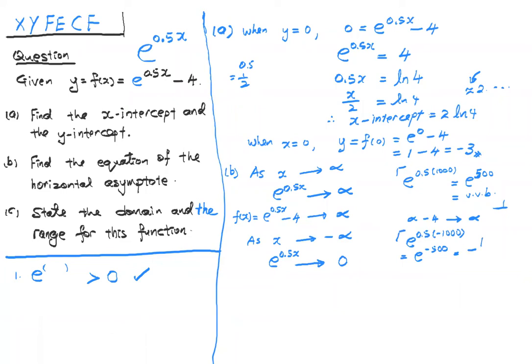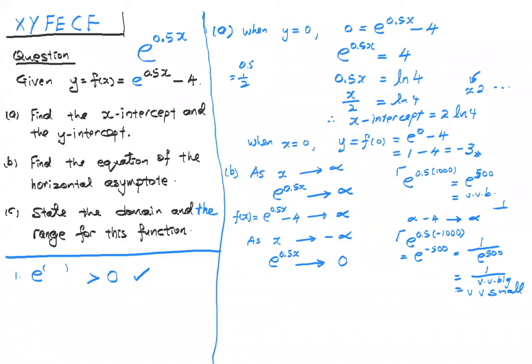So this will be 1 divided by very, very big. You can imagine if I take 1 divided by 100,000, what would the value be? It will be very, very small, right?